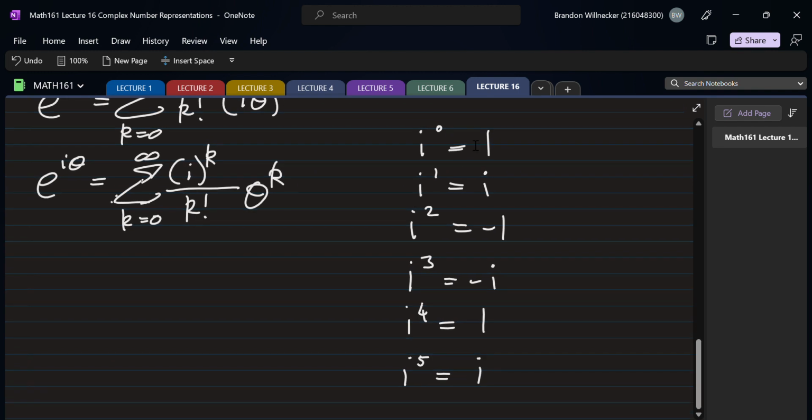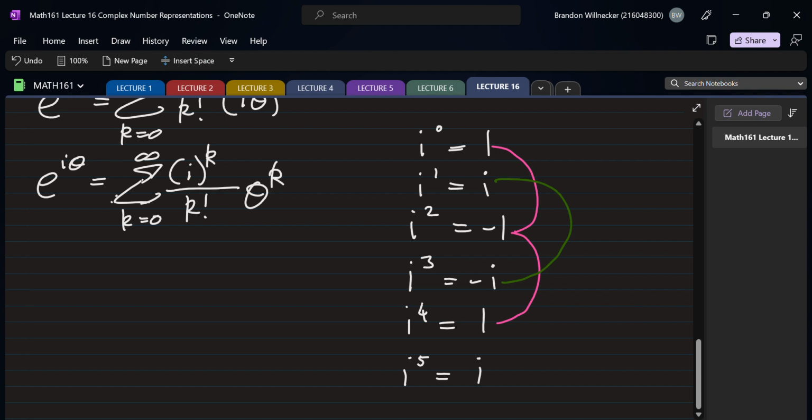Let's look at the even ones and the odd ones separately. So let's look at the even ones in pink. So i to the 0 is 1, i squared is minus 1. Then i to the 4 goes back to being 1. So we see this alternating behavior of 1, minus 1, 1, and the next term will be minus 1. Let's look at the odd ones. So i to the 1 is i, i to the 3 is minus i, i to the 5 is i again.